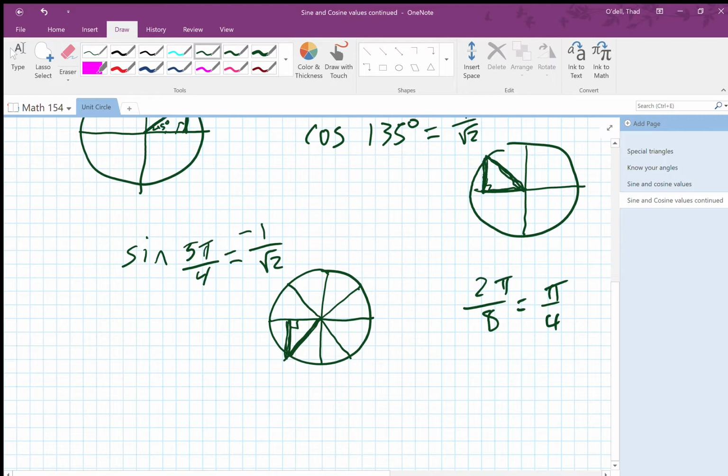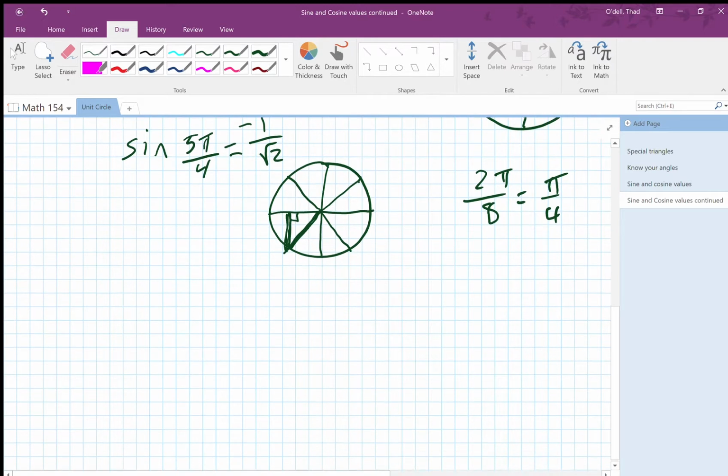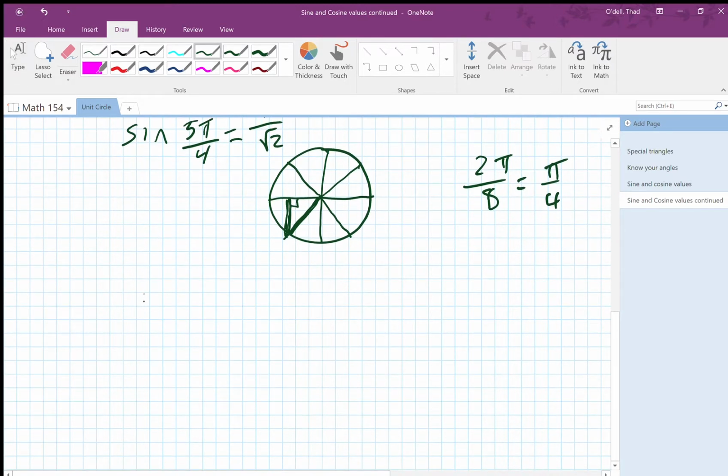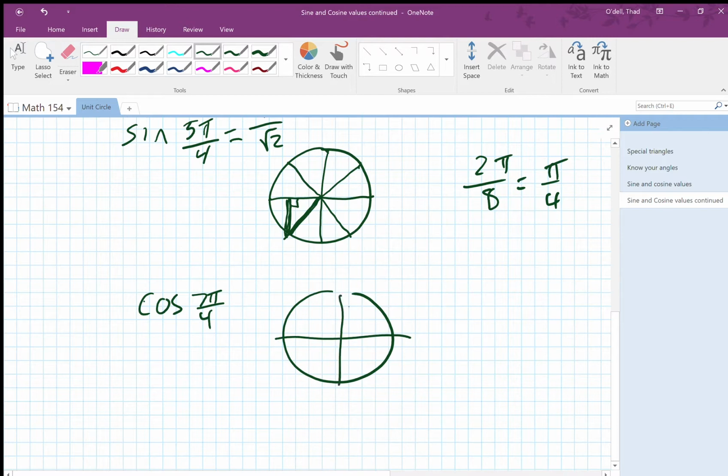So if we're doing multiples of 45 or pi over 4, notice the answer is always 1 over rad 2. It's just a matter of discovering whether it's negative or positive. Let's do one more example. If I want to know what cosine of 7 pi over 4 is, I draw my circle, split it into 8 parts, and I count.